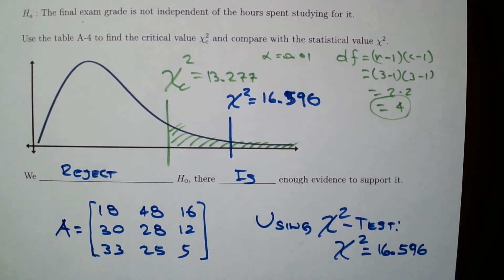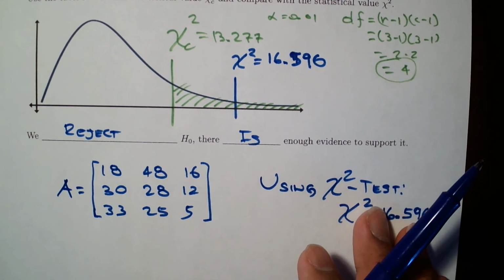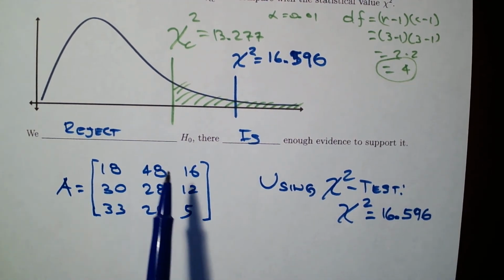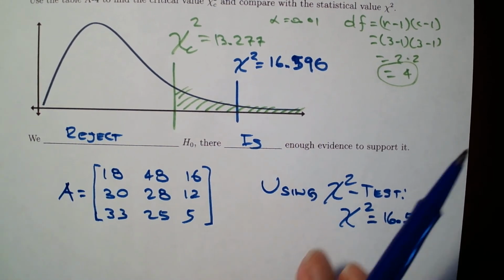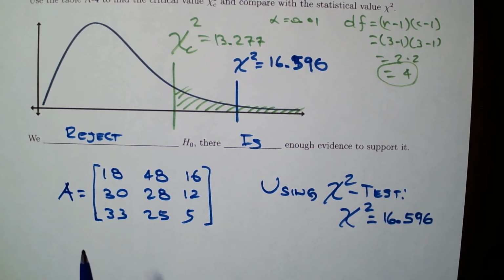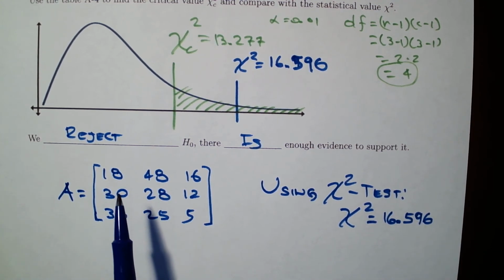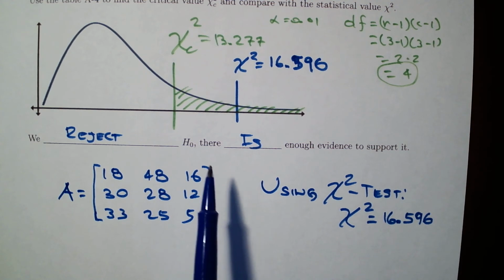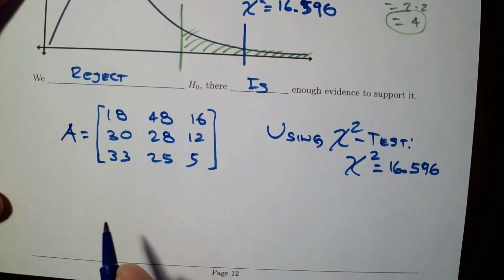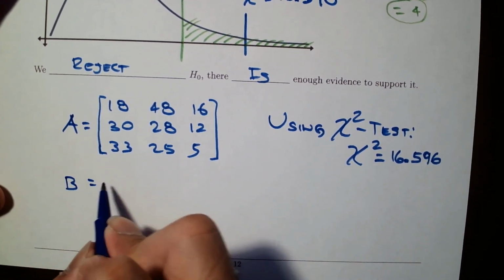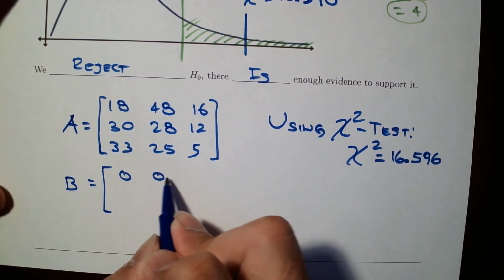All right. So again, as you can see, it's really simple to do this test. We don't have to go through many tedious calculations. All we have to do is put a matrix A with the observations and a matrix B with the same dimension with all zeros.